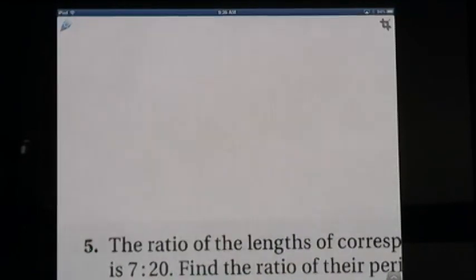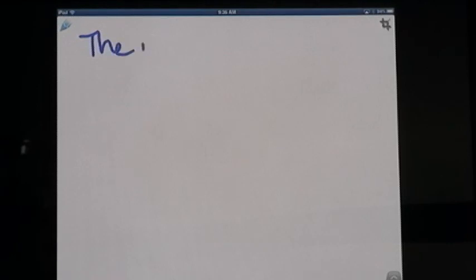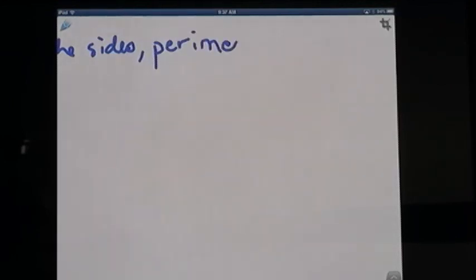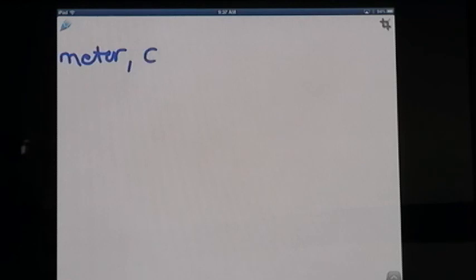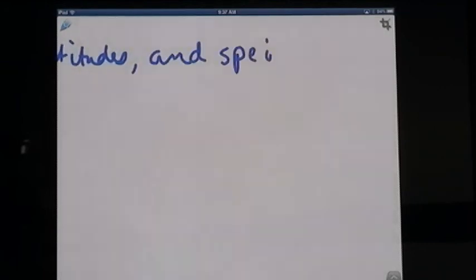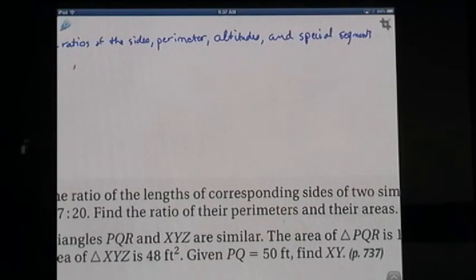Now remember, the ratios of the sides, perimeter, altitudes, and special segments of similar figures is equal.